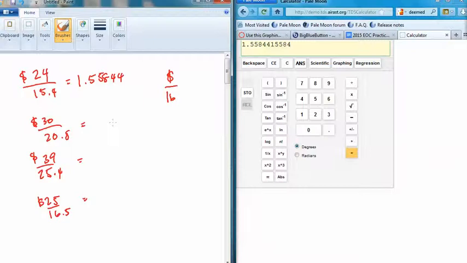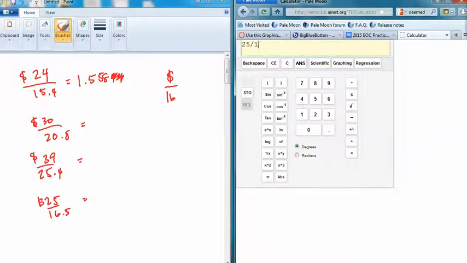All right. Let's do three places after the decimal. In fact, while you guys are at it, can you plug these into your calculators? Someone do 30 divided by 20.8. Someone do the other ones because I can't do all of these and have the time. I'm going to do the last one.